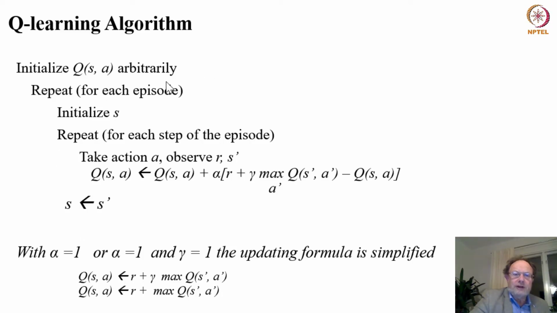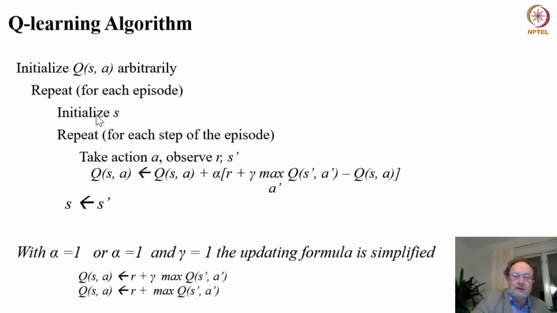What the algorithm does is that it goes through a number of episodes, with the same semantics of episode as we have discussed earlier, and it goes through the episode step by step.